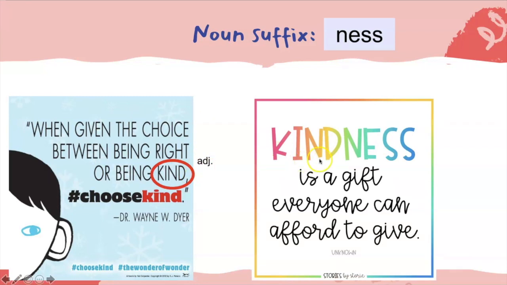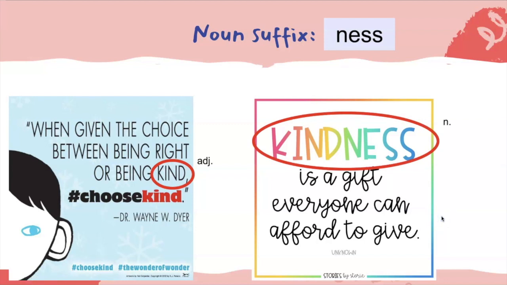Here is another quote. Kindness is a gift everyone can afford to give. So, do you know what part of speech it is? Yes, you're right. A noun. Here it says kindness is a gift. So it is something. It is a noun.